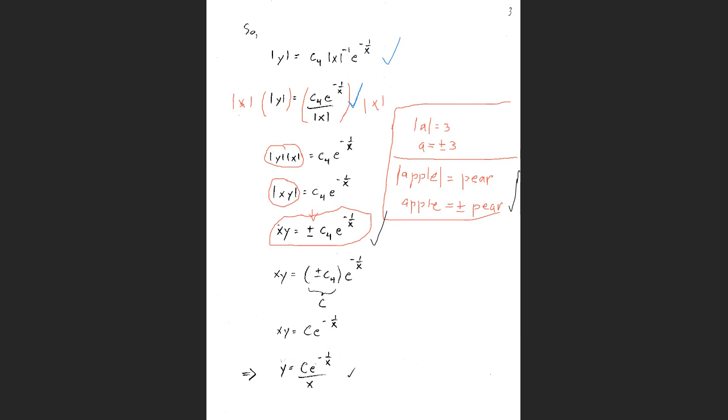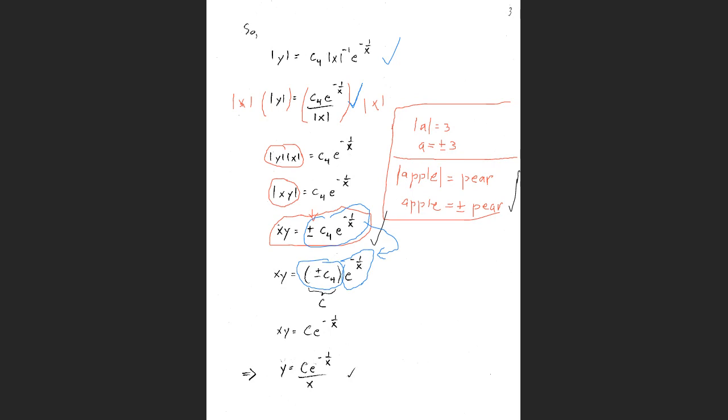So the plus or minus C4 e to the -1 over x on the right, that's the same as taking plus or minus C4 and multiplying it by e to the -1 over x. Either it's a plus C4 or a minus C4, regardless, it's a constant.